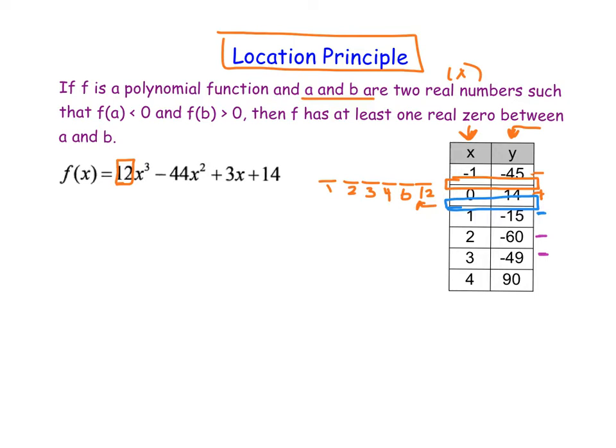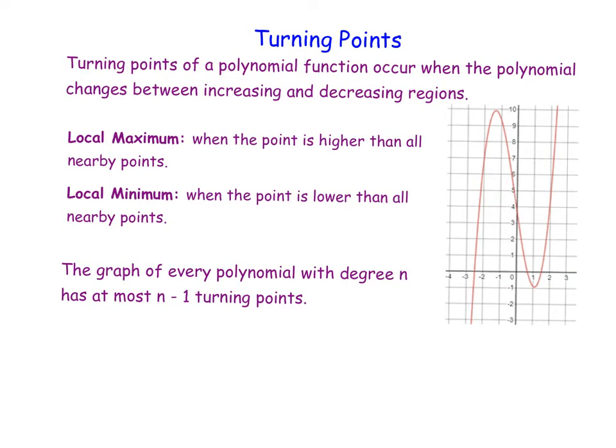Because there's no change, I have no guarantee that there's a zero between those. But then here, because this is a change from negative to positive, I can again see that I have another zero between 3 and 4. So the location principle just tells us that we can utilize a table and the y values to help narrow down exactly where our x-intercepts or our zeros are going to be.